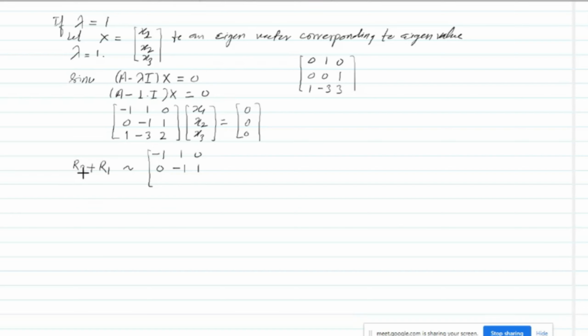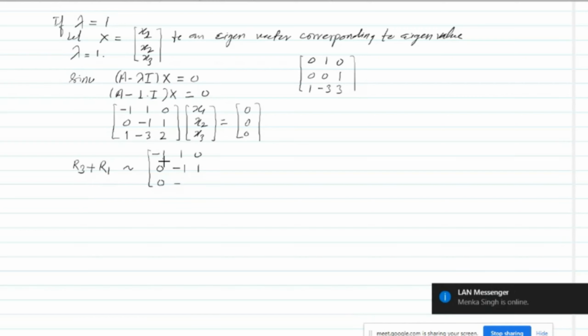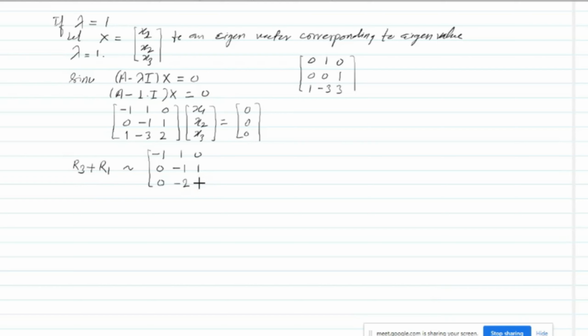And the third row will be R3 plus R1: this will be 0, and minus 3 plus 1 is minus 2, and here 2 plus 0 is 2, into x1, x2, x3, equal to 0 0 0.